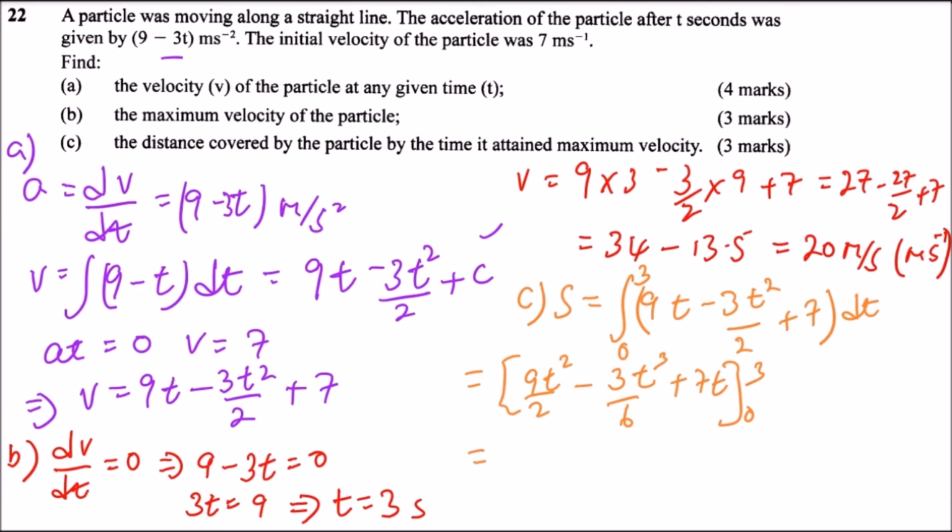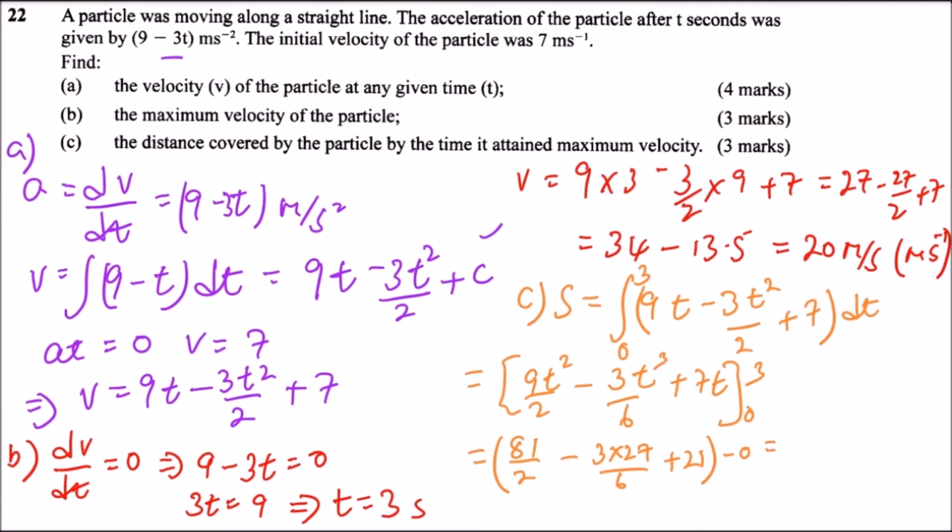This will give us 81 divided by 2, minus 3 times 27 all divided by 6, and then plus 21. Then you substitute 0 in place of t, because every term here has a t, it will be 0, so it is minus 0.